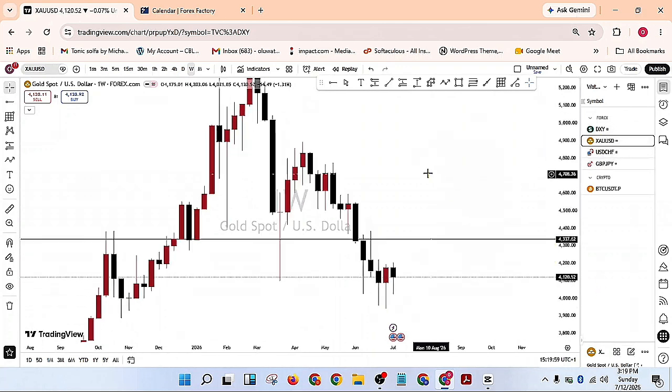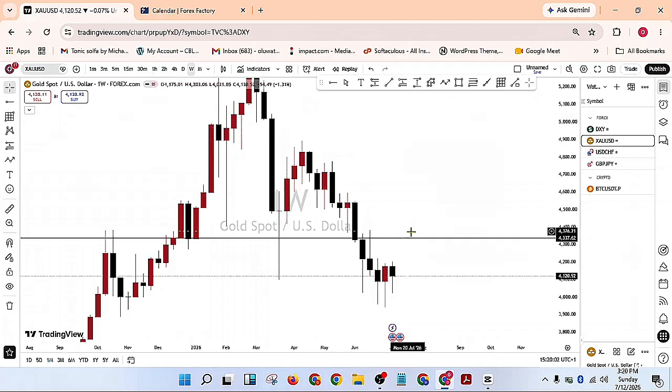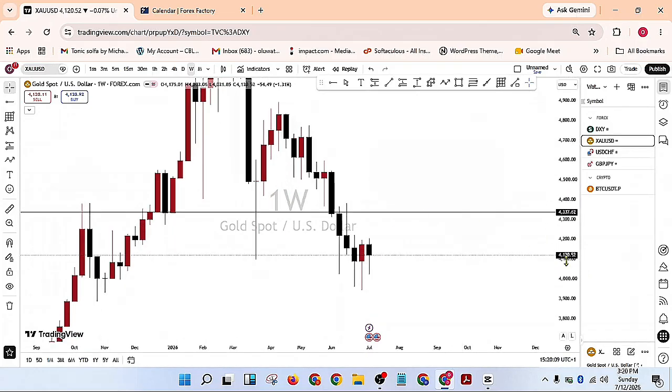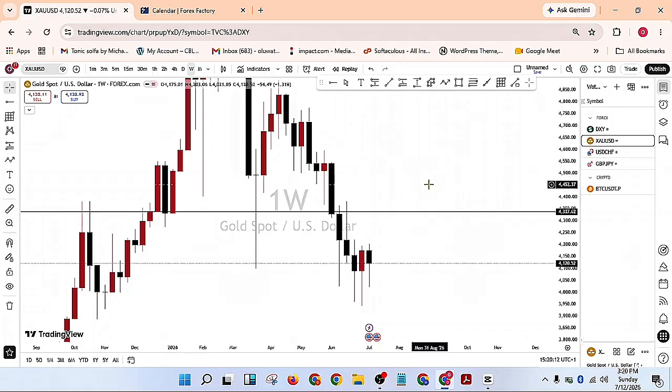But even if the major trend of gold is bearish, that doesn't mean we have to be bearish, because how do we know the bearishness has not really resumed fully? Maybe by the time we get to the middle of the month. Now if you go to the week that we just ended, you can see this candle is what we call a hammer. Is it a hammer, or what do we call it?